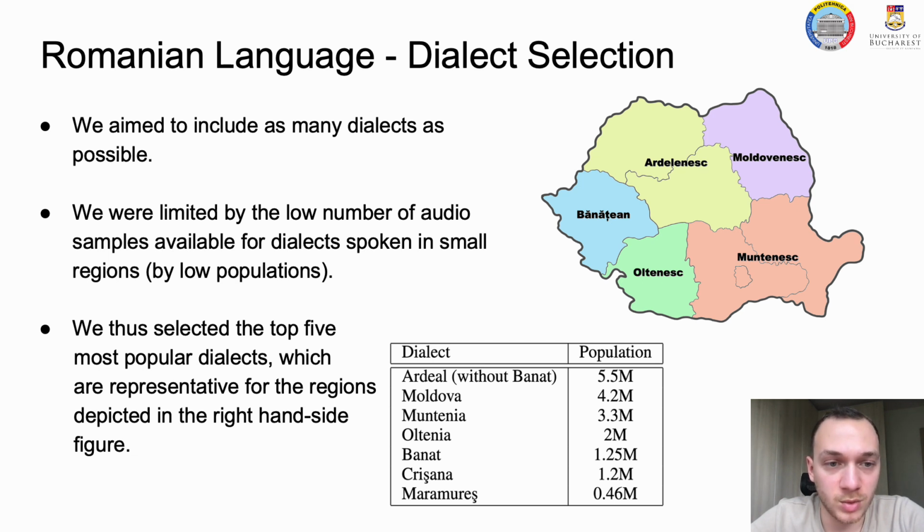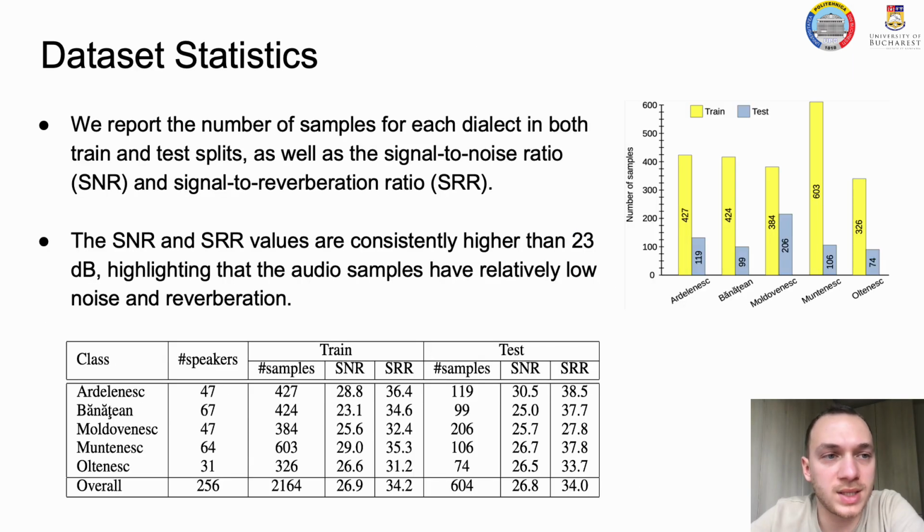In the bottom part, we can see the table with the dialect and the corresponding population. We can see that the first 5 regions are Ardeal, Moldova, Muntenia, Oltenia, and Banat, and the corresponding populations. Thus, we selected those dialects to be representative for the entire country. In the following slides, we will describe the dataset.